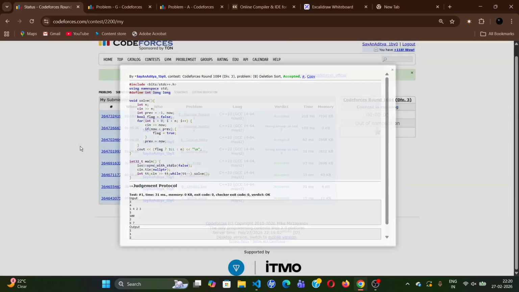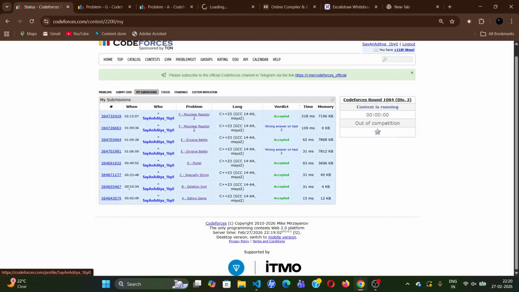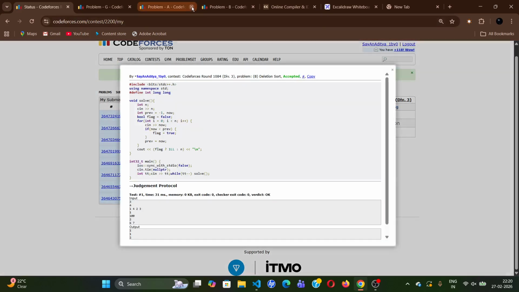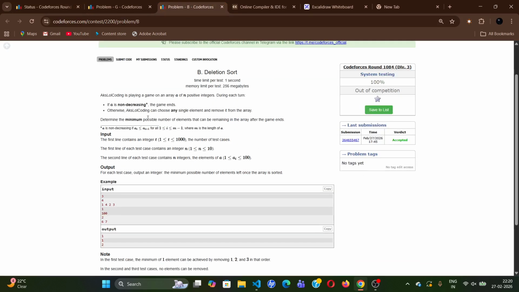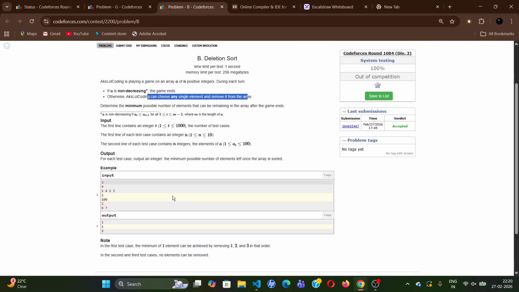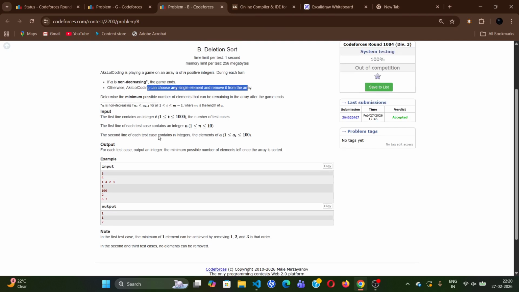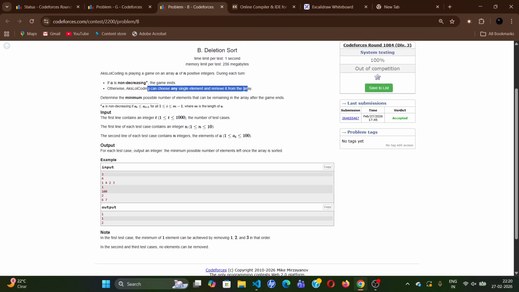Then the second question, it was like, okay, if A is non-decreasing, then the game ends. Otherwise, you can choose any single element and remove it from the array.